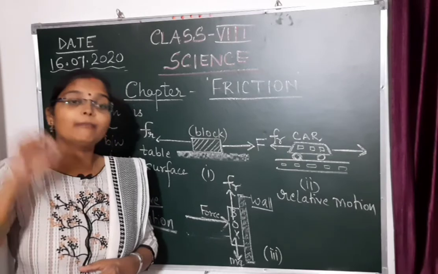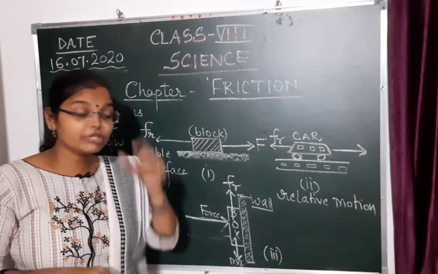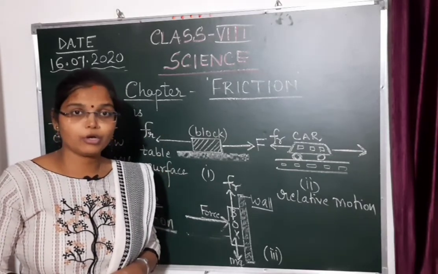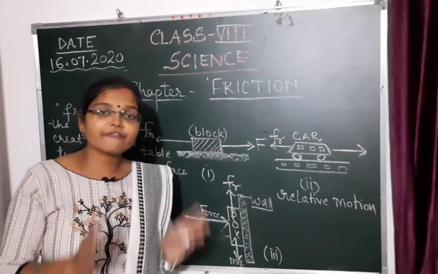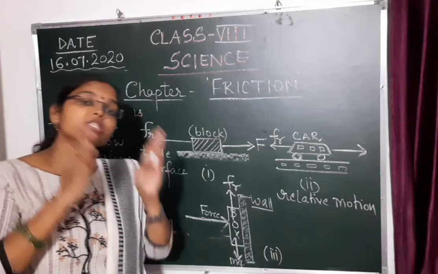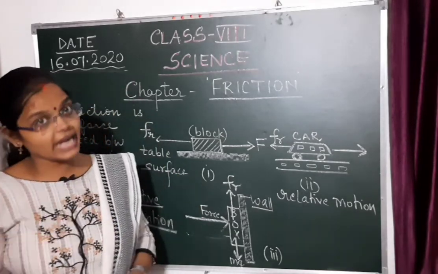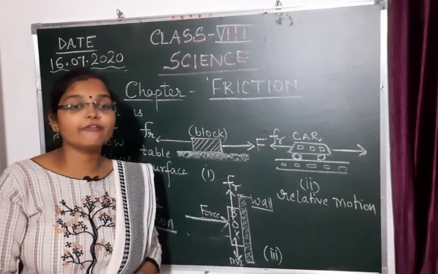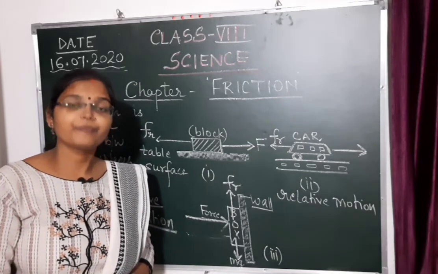There will be some roughness if we see it under a microscope. So if the surface is rough, friction will be more. If the surface is smooth, friction will be less, but friction can never be reduced to zero. Thank you.